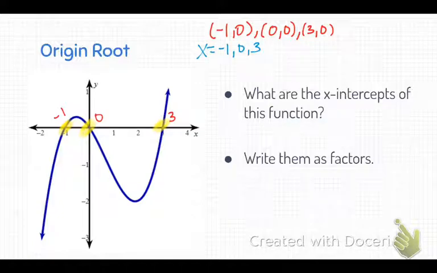So how do I write factors from that? Okay, x plus 1, what else? It is 0, so I have x plus 0. And then what? X minus 3. Okay, now I have a question for you. What is x plus 0? Oh.